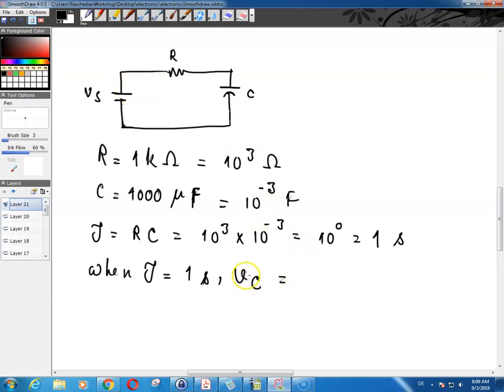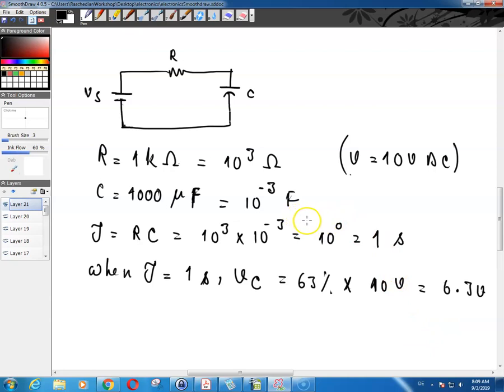So 63% of the supply voltage, and the supply voltage over here is 10 volts. V is equal to 10 volts DC. Okay, so that is 10 volts, and we already calculated this to be 6.3 volts.